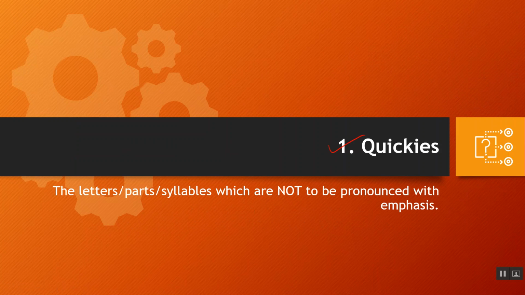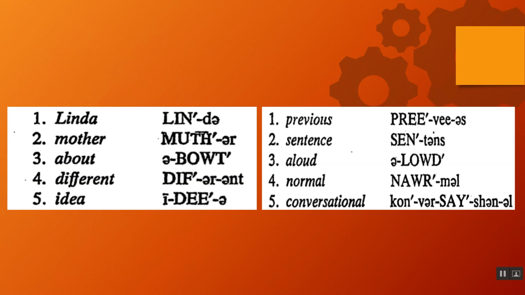The letters, parts, and syllables which are not to be pronounced with emphasis. The first word, Linda, mother, about. The focus is on this part, that's why it is in capitals. And look at this symbol, ə. It is pronounced for a very small fraction of time.